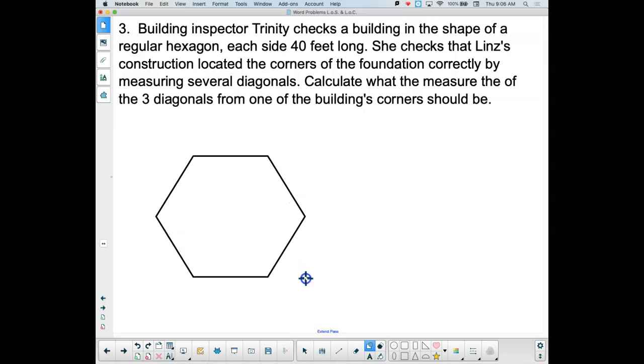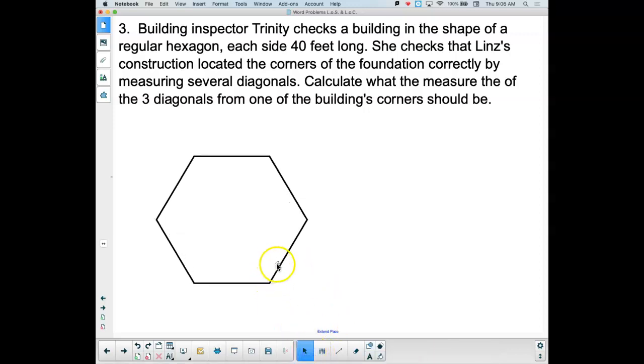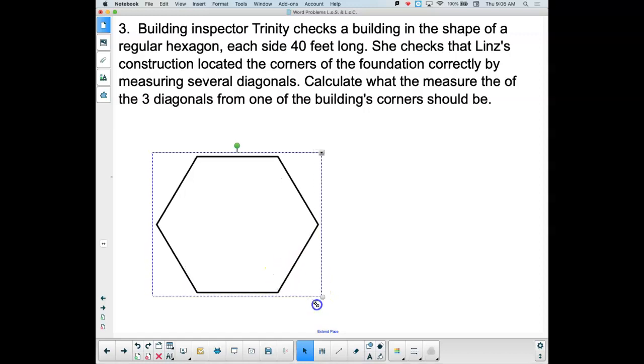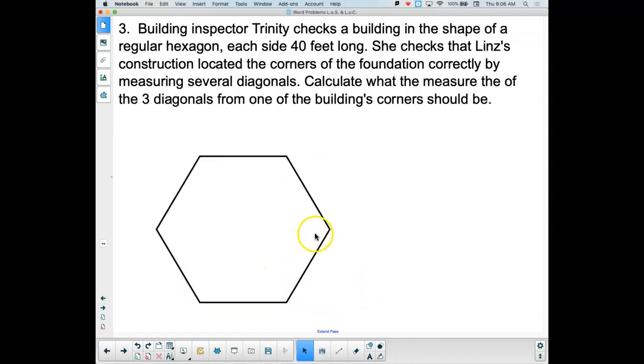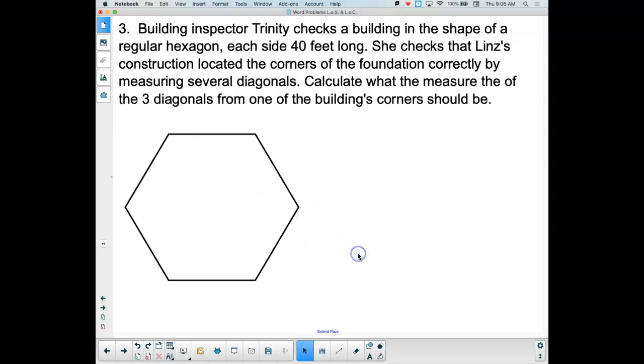Considering that this is equidistant, this is equidistant, would we say that? What are the 3 diagonals? Right, so there's my regular hexagon. Agree? So if I lock in, we're standing at that corner, right?